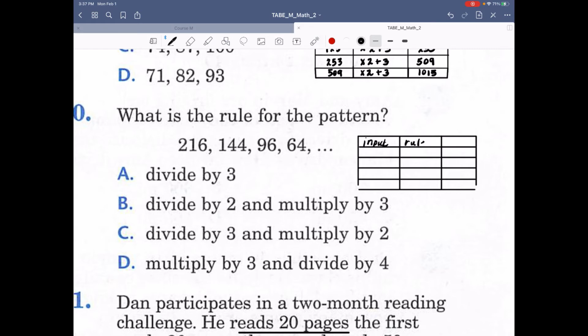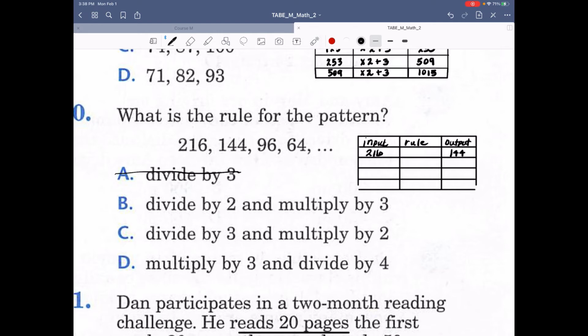Here's the space for the rule, and then here's the output. So we've got 216, 144. Let's try 216 divided by 3. That's 72. So A is not the pattern that I'm looking for.